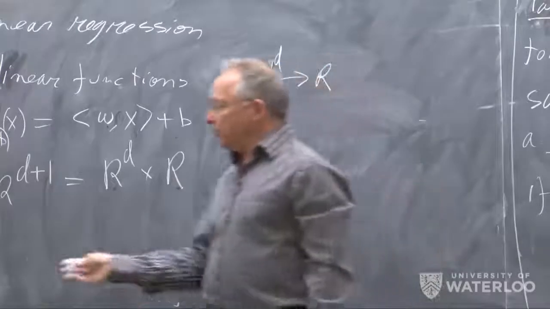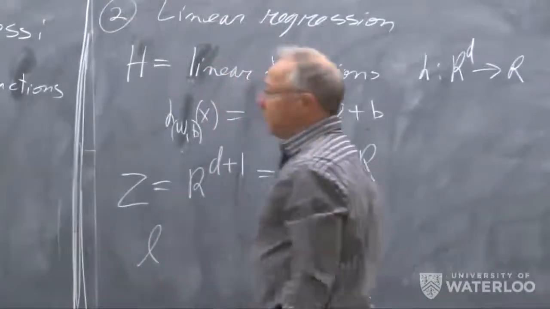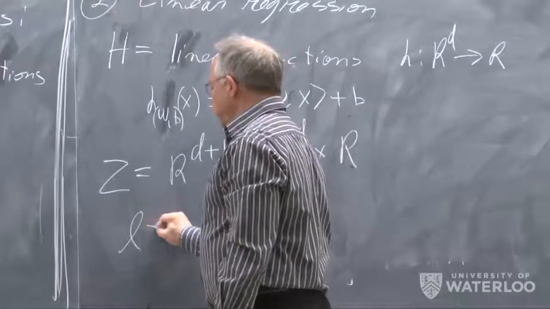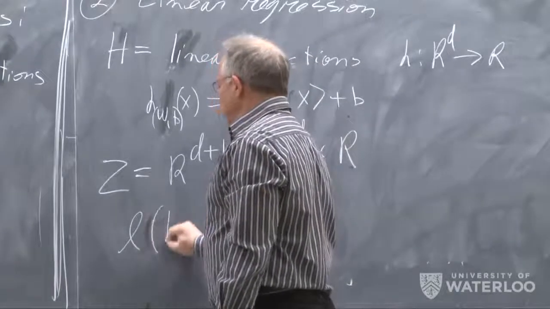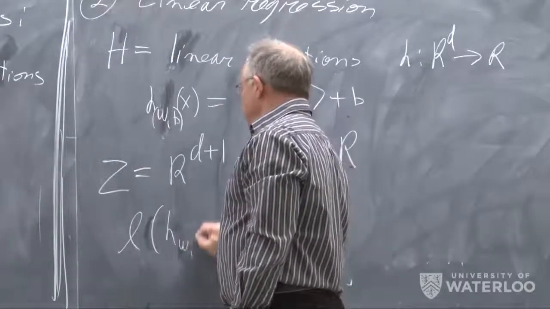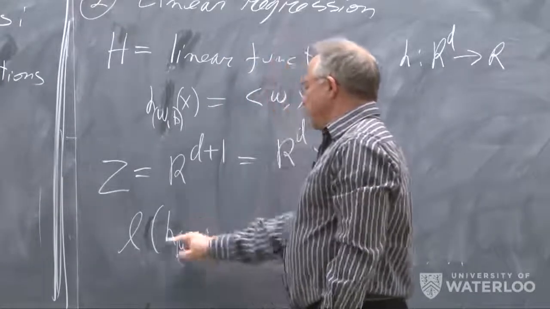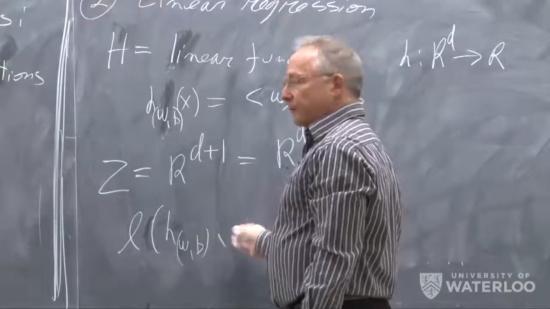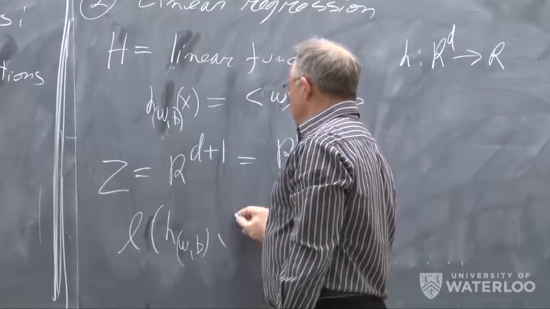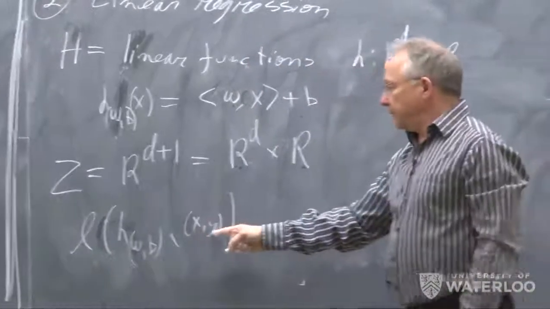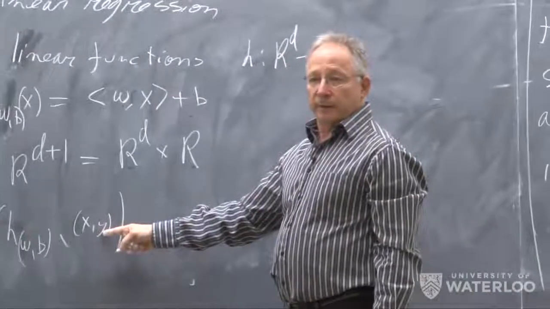And now we have to define the loss. That's the missing component. So the loss takes an h, some h_{w,b}, which is the type of our models, and it takes some point z of the form x, y, where x is in R^d and y is a real number.